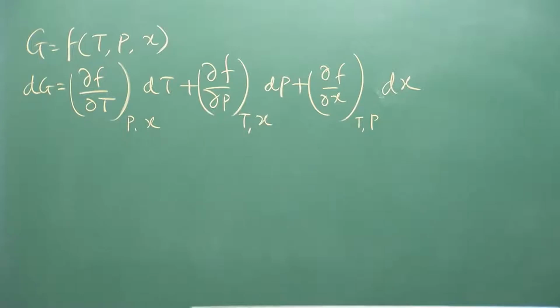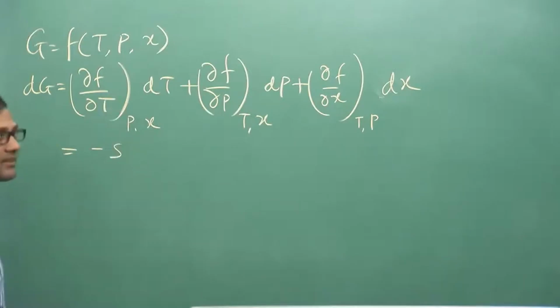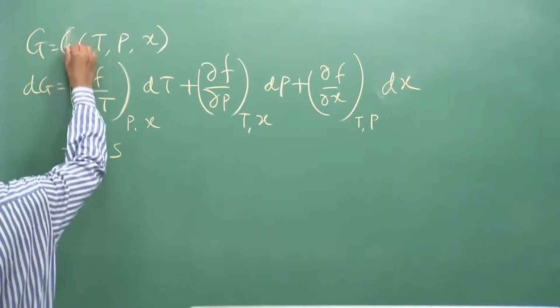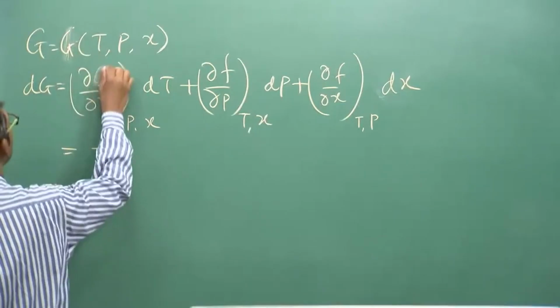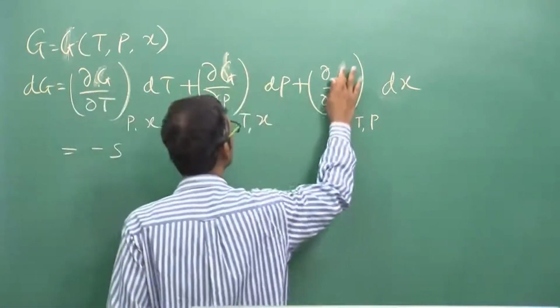Now we know that this is nothing but minus S. It is better actually to write G, then it becomes easier to understand, otherwise it will be confusing.